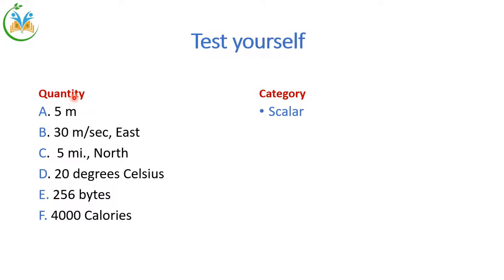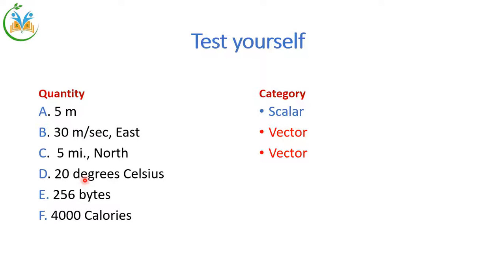And this 30 meter per second east is a vector quantity, because along with the magnitude it also has the direction, right? Next, what about 5 minute north? 5 minute north also has magnitude plus direction, so it is a vector quantity.